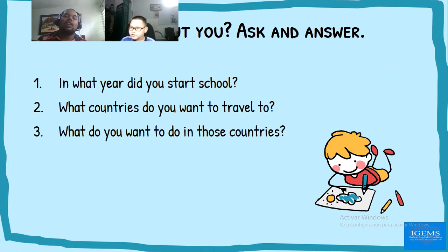In what year did you start school, which means the past tense? Was this in 2011? Because you are 9 years old. Do you remember? Because I am 11 years old, then you remove 11 years from 2021. Then I think you started your school. Well, at least my calculations do not fail.